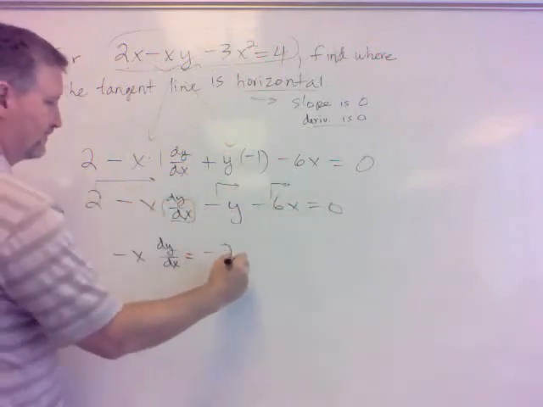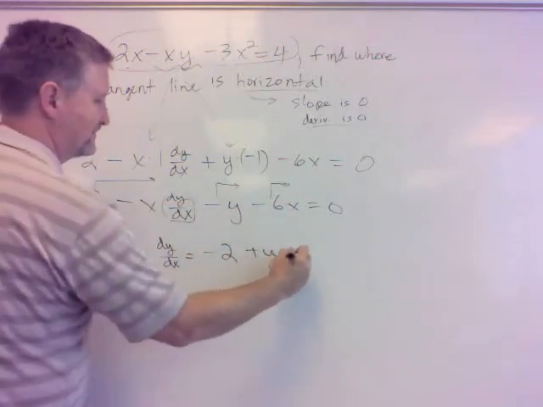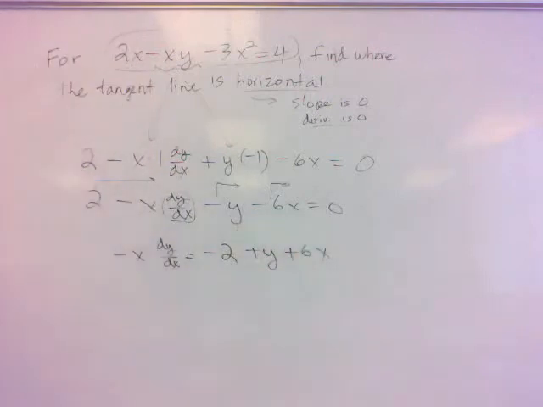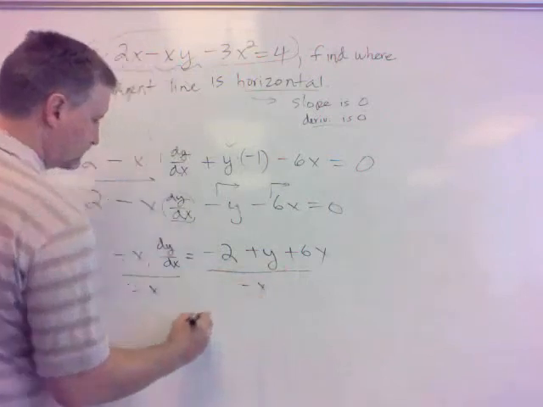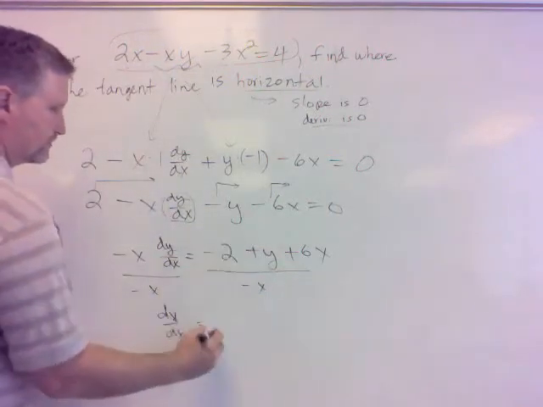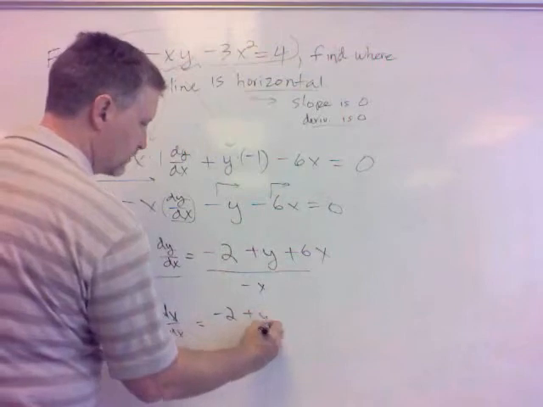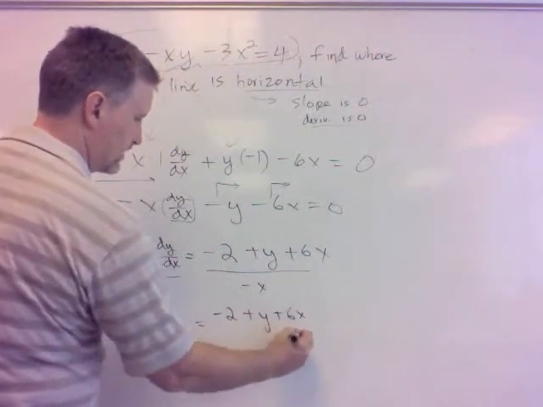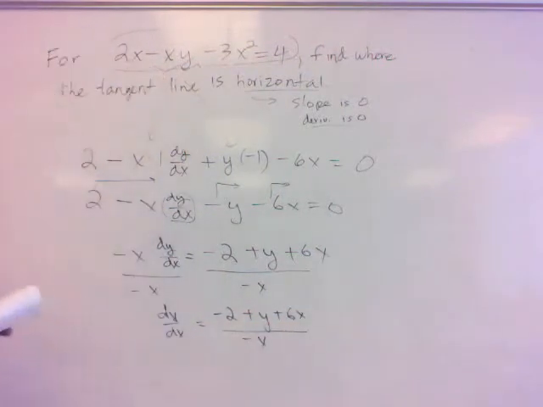I've already made my arrows, so let's just do that. All right, then we just divide by minus x, and so dy dx equals negative 2 plus y plus 6x over negative x. With me okay on that?